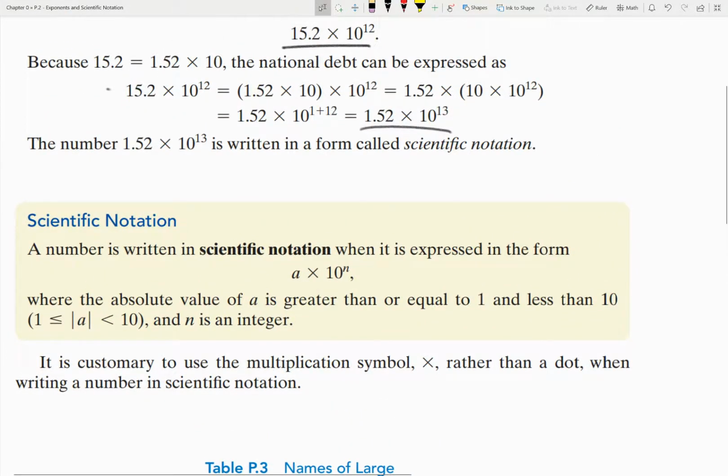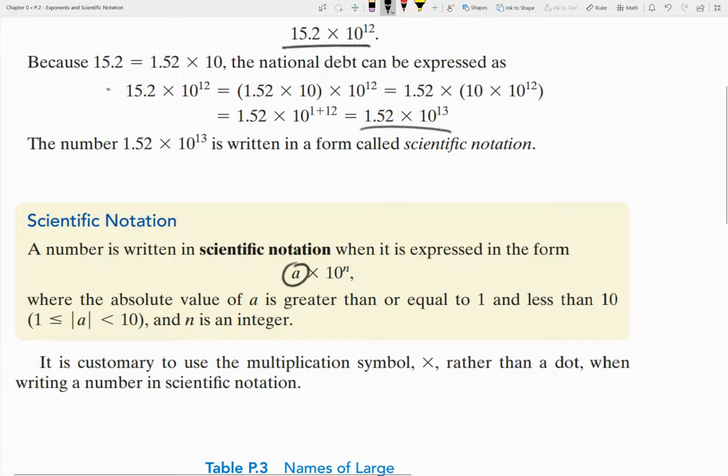It is a number that is expressed between 1 and 10 times a power of 10. So it's a times 10 to the nth power, where the absolute value of a is greater than or equal to 1 and less than 10, and n is an integer. So this number can be positive, it can be negative, but it's going to be between 1 and 10.